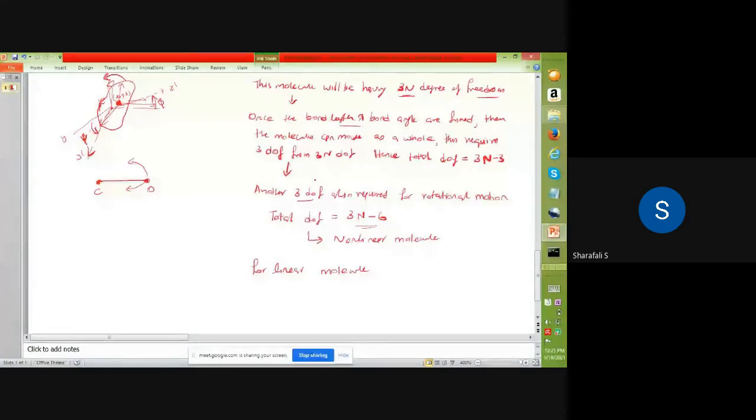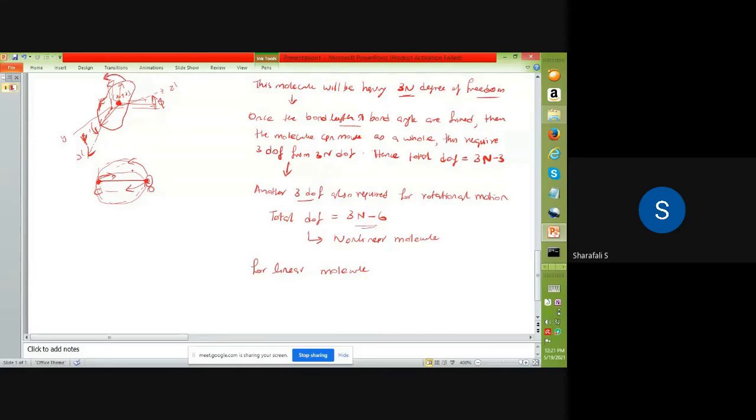These two kinds of rotation are possible. This particular rotation, about the axis, is not possible.